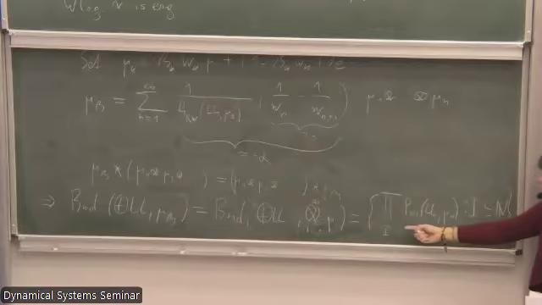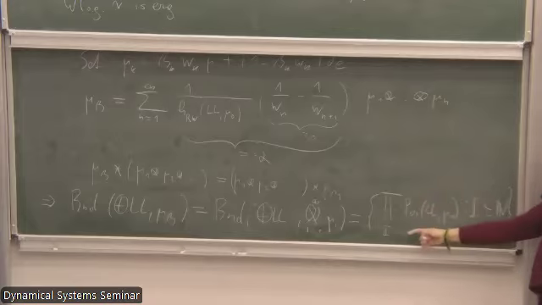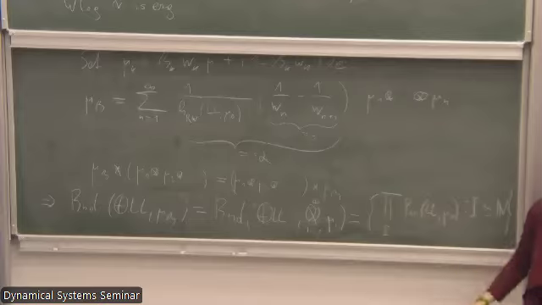Well, it's exactly the product over all n. So what are the factors, the possible downstairs things of my huge big thing where I have everything? Well, just all the subproducts.